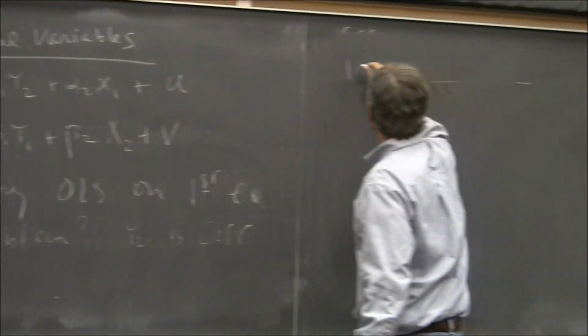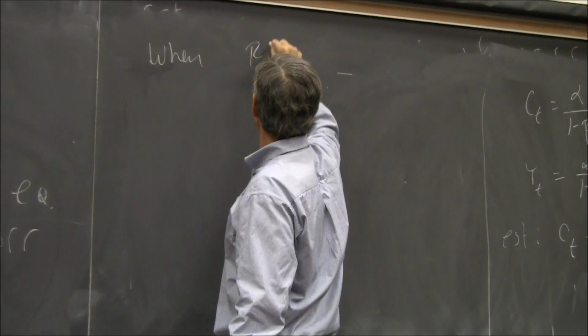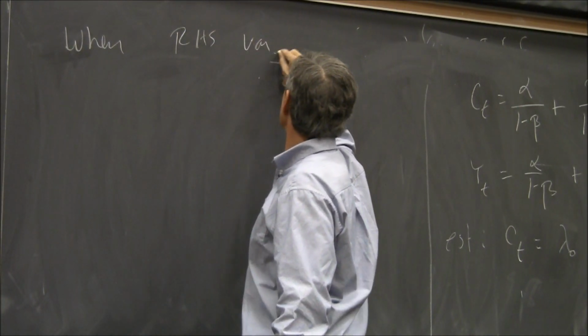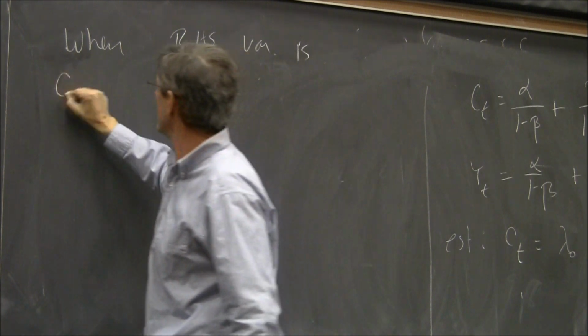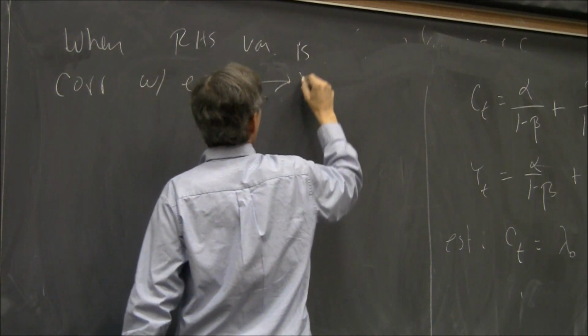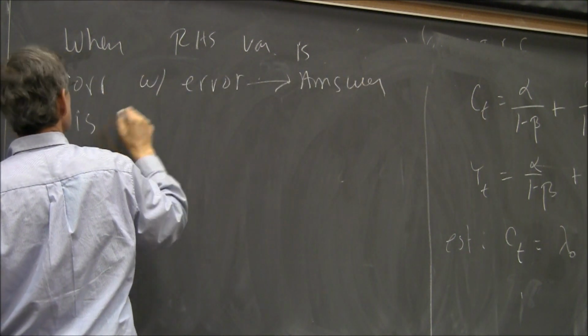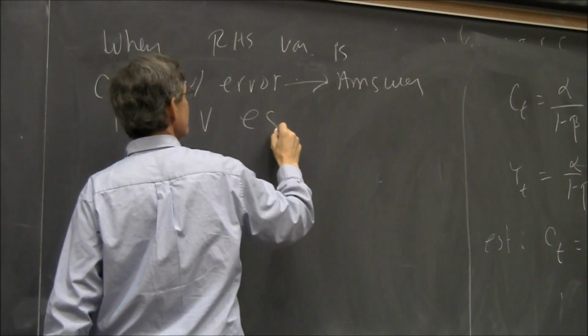So, when the right-hand side variable is correlated with the error, one answer is IV estimation.